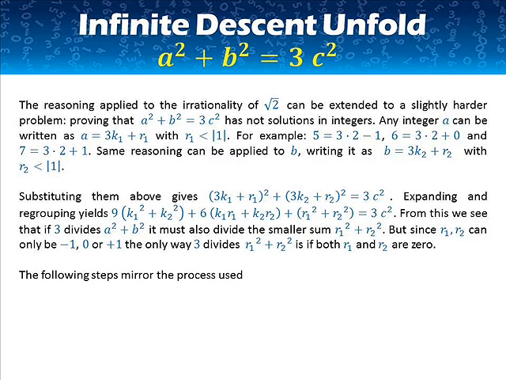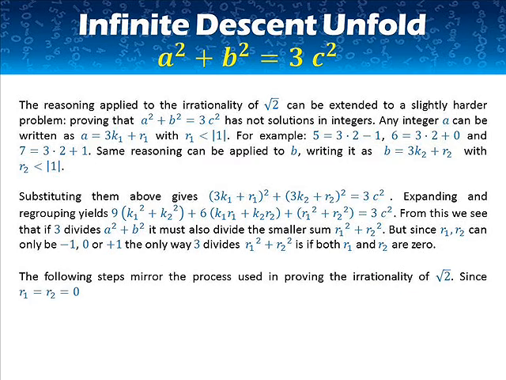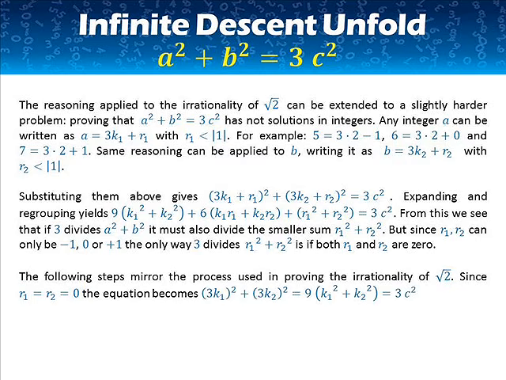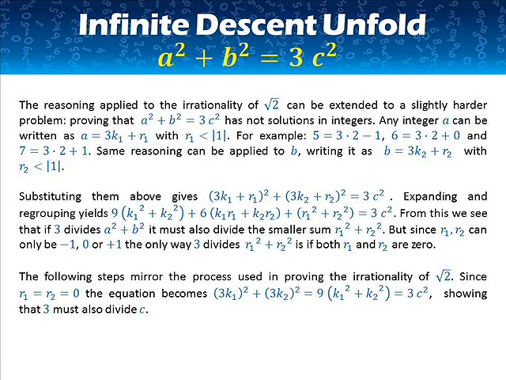The following steps mirror the process used in proving the irrationality of the square root of 2. Since r sub 1 and r sub 2 equal 0, the equation becomes 9 times k sub 1 squared plus 9 times k sub 2 squared equals 3 times c squared, showing that 3 must also divide c. Let c equal 3 times c sub 1.